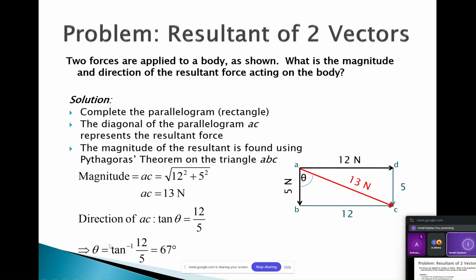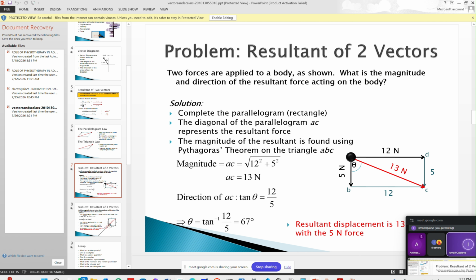Then we get our answer of theta by taking arctan of 12 over 5. So we have our answer to be 67 degrees. So it implies that the resultant of those two vectors will be 13 Newton, 67 degrees.